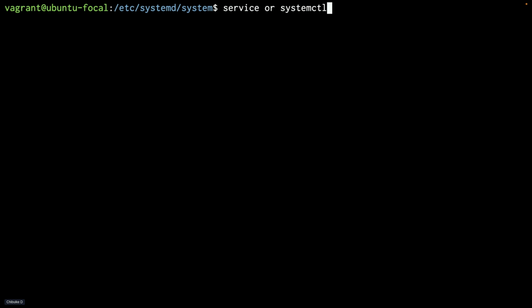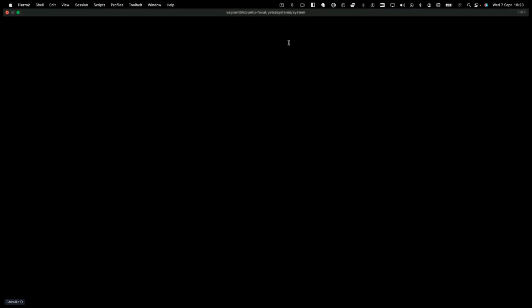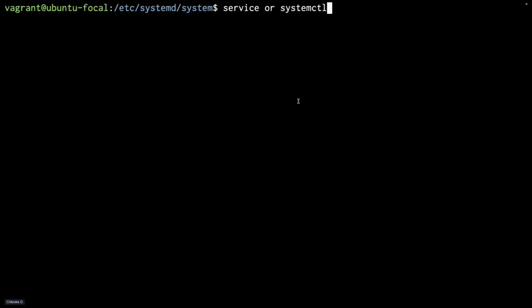Not all Linux distros use the service or the systemctl. Some distros use service, while some other distros use systemctl.